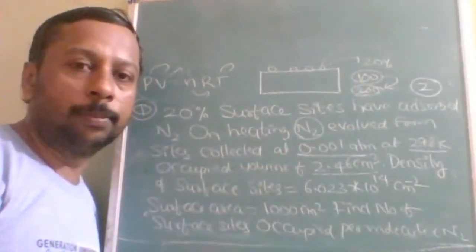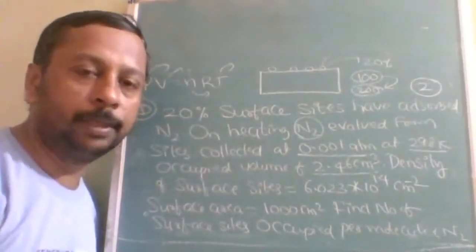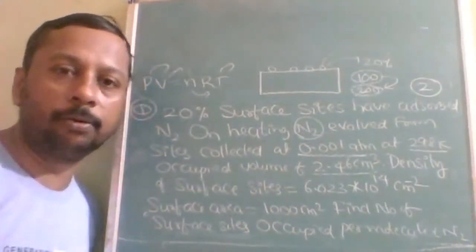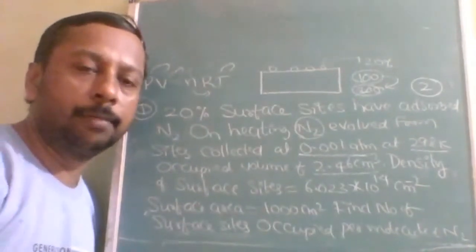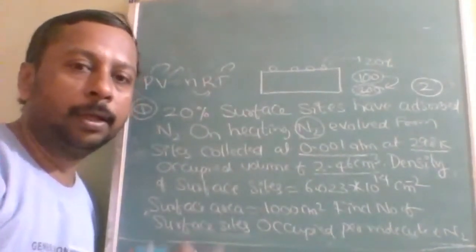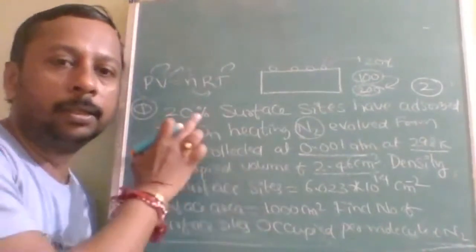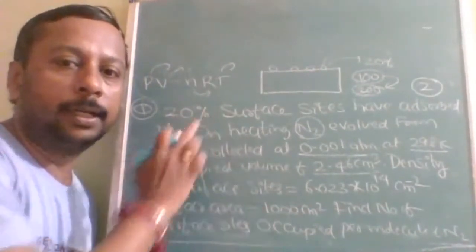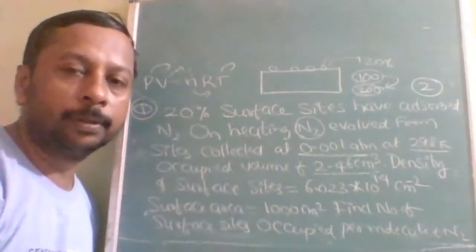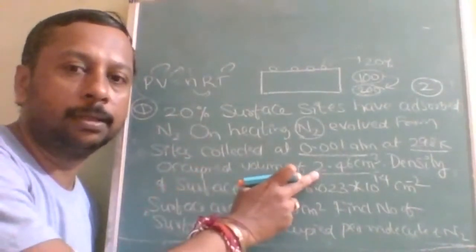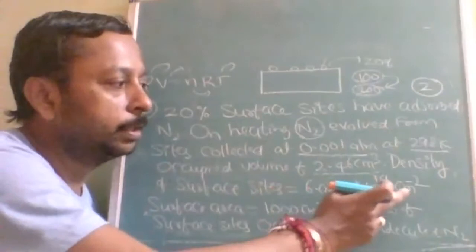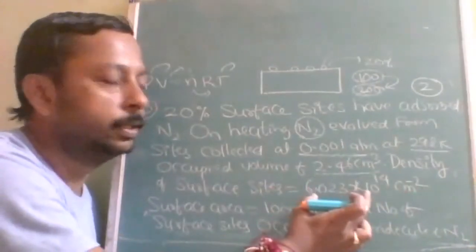Is how you have to approach it understood? By using PV is equal to nRT, first find out n value. Then multiply with Avogadro number, you will get the number of N2 molecules. And this is occupying 20% of 100 centimeter square. So that is the space, number of density also given, that each centimeter square will contain these many sites.